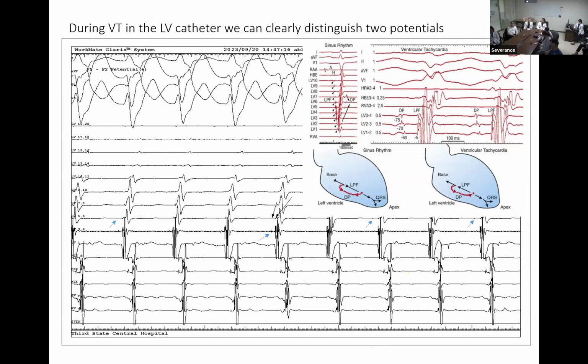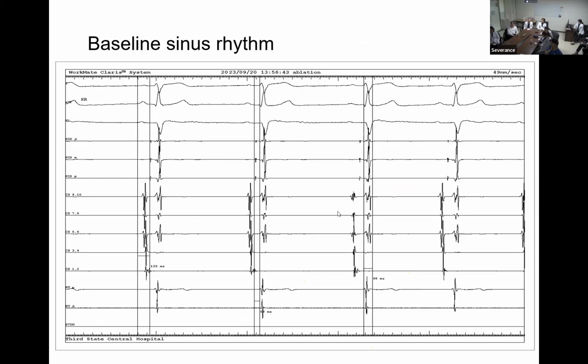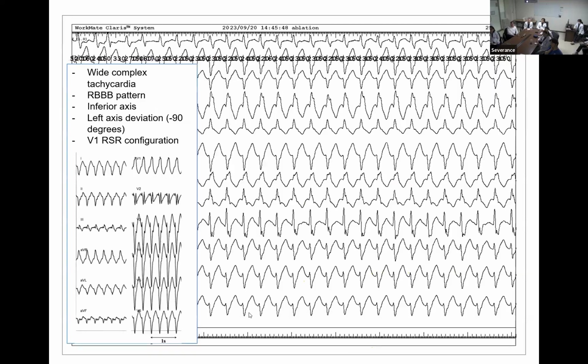Generally, in the 12-lead ECG you showed, a small Q wave and wide QRS complex in V1 favor papillary muscle VT, and the absence of a small Q wave in aVL favors papillary muscle VT.